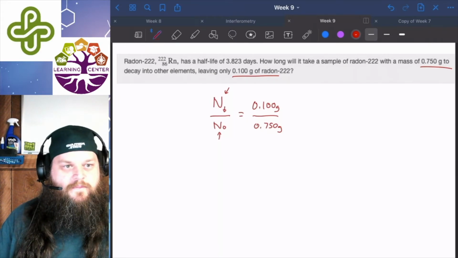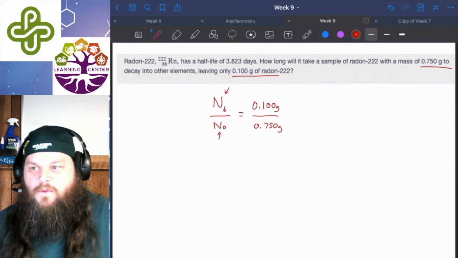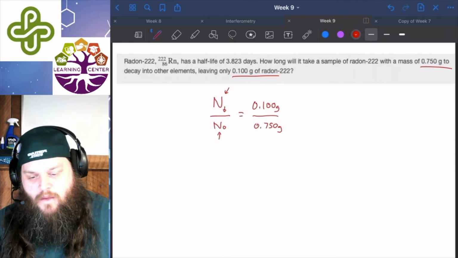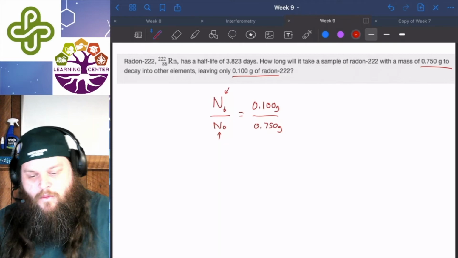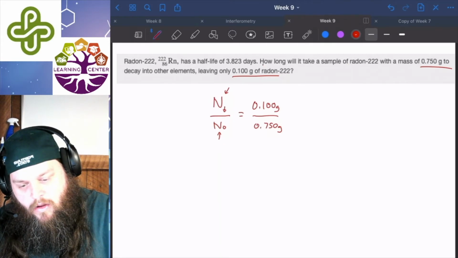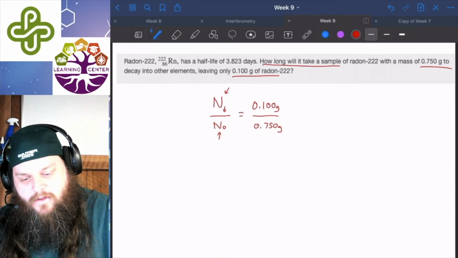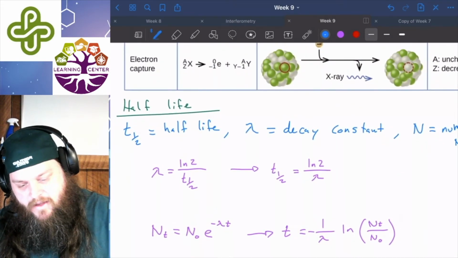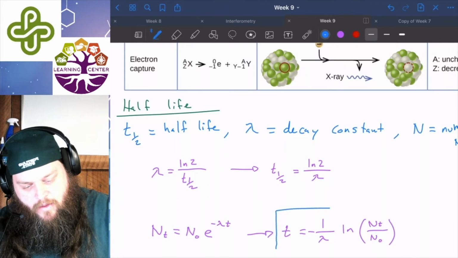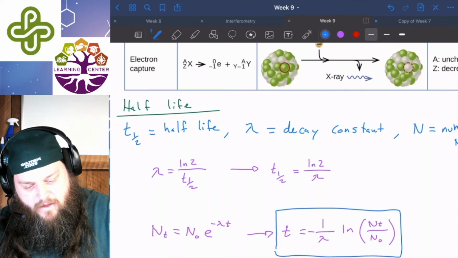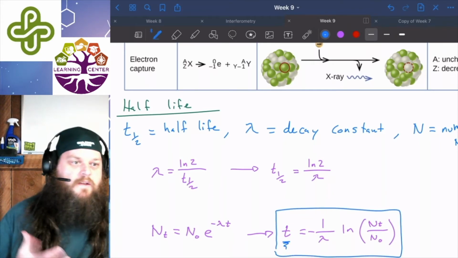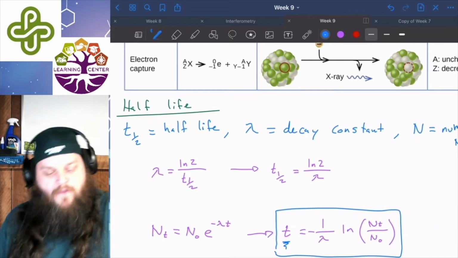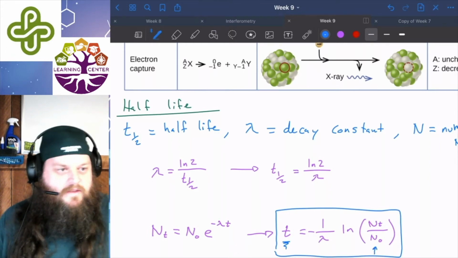So using that to our advantage, we want to find ultimately how long it's going to take for this sample to go down. Looking at our equations back here, that's telling me I want to use this equation to find out t. How long is that going to take? And I just defined what this ratio is here.